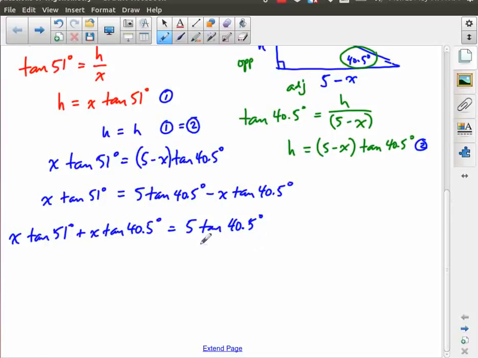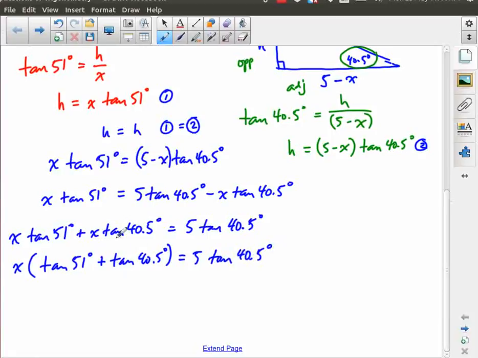This is just a number. I've got variables here. I factor out the x because I want the x by itself. And so I end up with x times (tan 51 degrees plus tan 40.5 degrees) equals 5 tan 40.5 degrees.